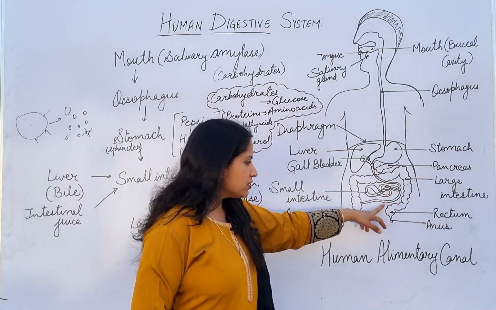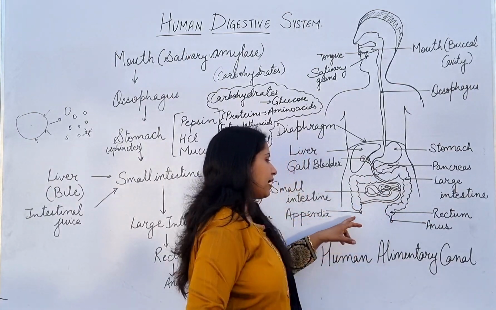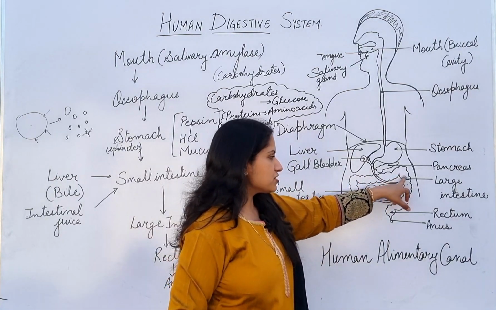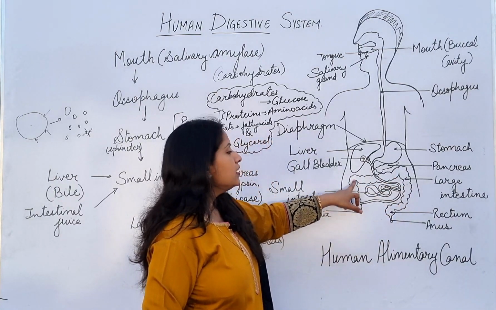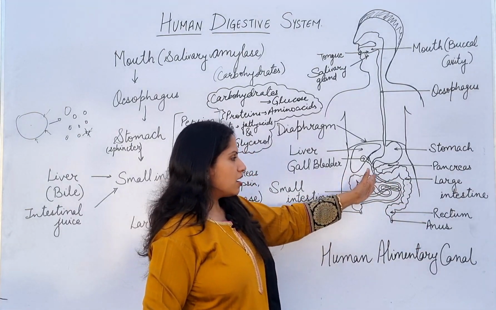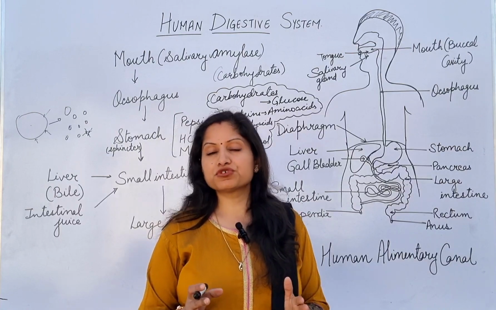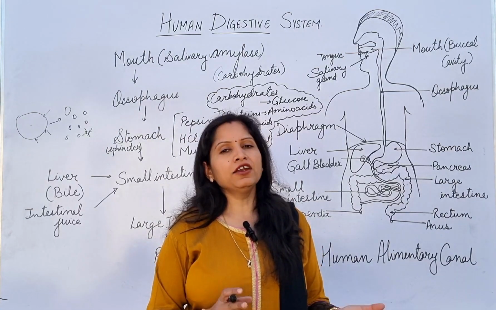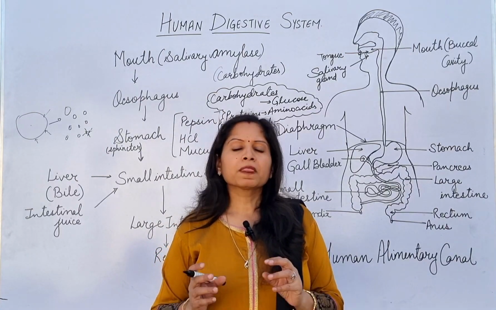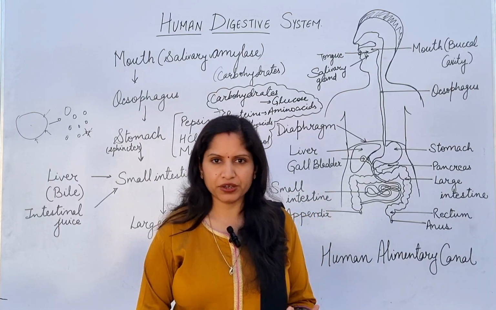From the small intestine, whatever material is remaining is going to go into the large intestine. You can see this part is the large intestine. In the large intestine there is still absorption of water and minerals. Now whatever is left is the waste product, that is the solid waste.